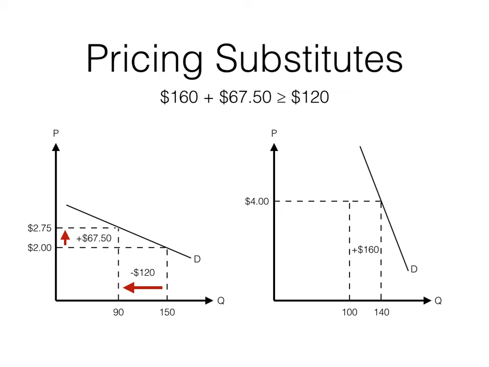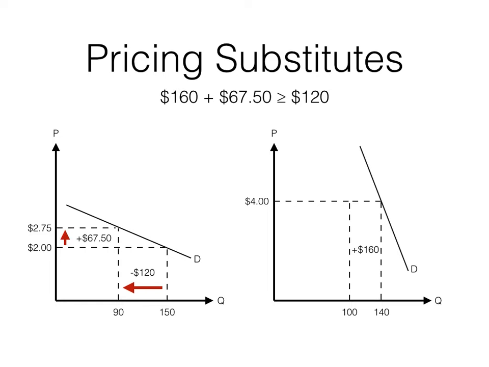In this case, the $160 plus $67.50 exceeds the $120 that's lost in the market by reduced sales. In the high markup item, you're generating more revenue by increased sales. In the low markup, more elastic market, you are increasing revenue by raising the price, although you're losing $120 from fewer units being sold.